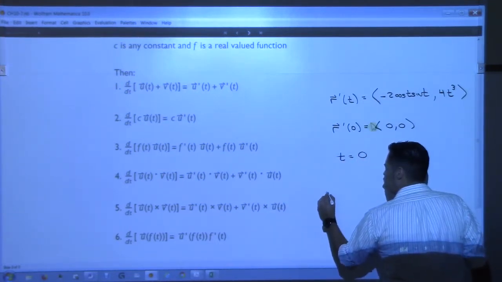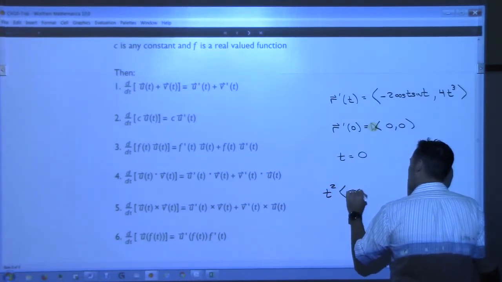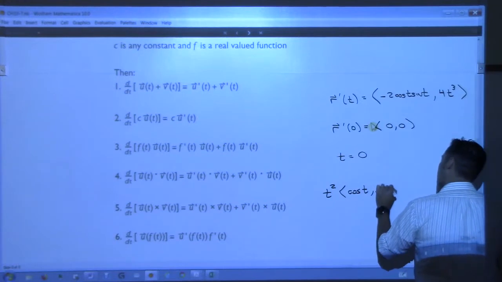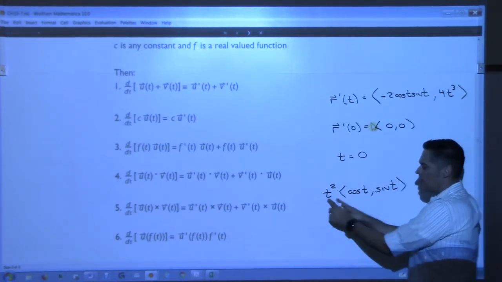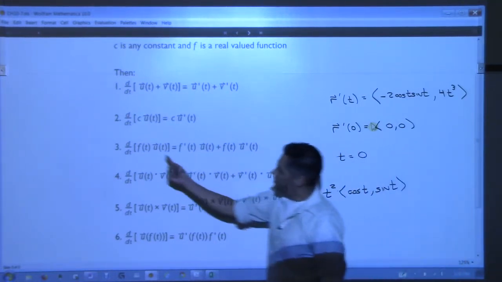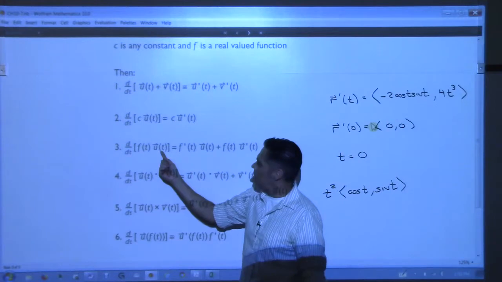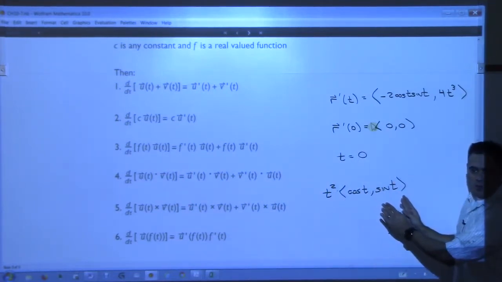Let me give you an example of what I'm talking about. Let's say I take t squared times the vector cosine t, sine t. This is a vector function times a scalar function. That's what this is saying. Scalar function times a vector function. If you want to take the derivative of this, you can basically do a product rule on this.